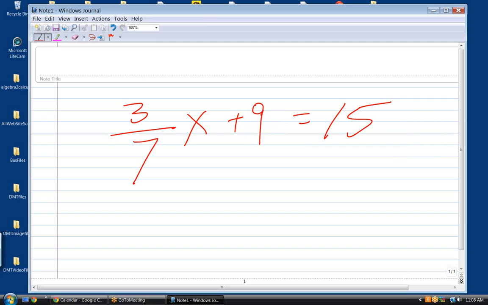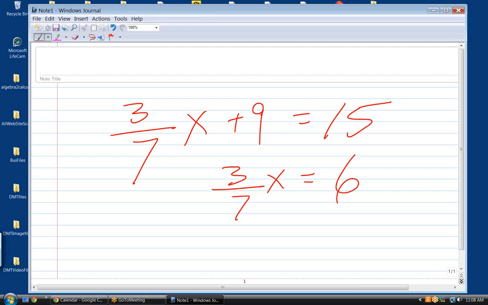Okay, so for me to move the plus 9 to the right side of the equation, I'm just going to do it. I'm going to write 3/7 x equals, well, it must be 15 minus 9. What's 15 minus 9? That's 6. Okay, so that's the next line. In other words, I moved that plus 9 to the other side of the equation.